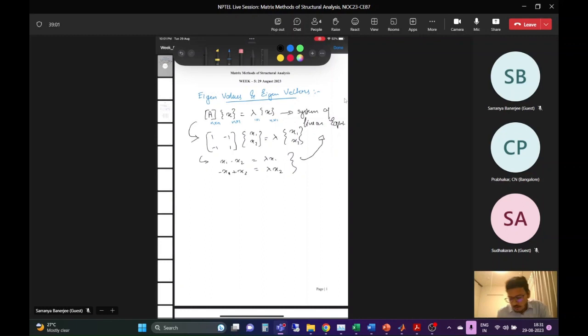Now this is a unique system of linear equations. Can we agree with that? What it is saying is that if you multiply a matrix with a certain vector, it could be equal to a scalar multiple of that vector.